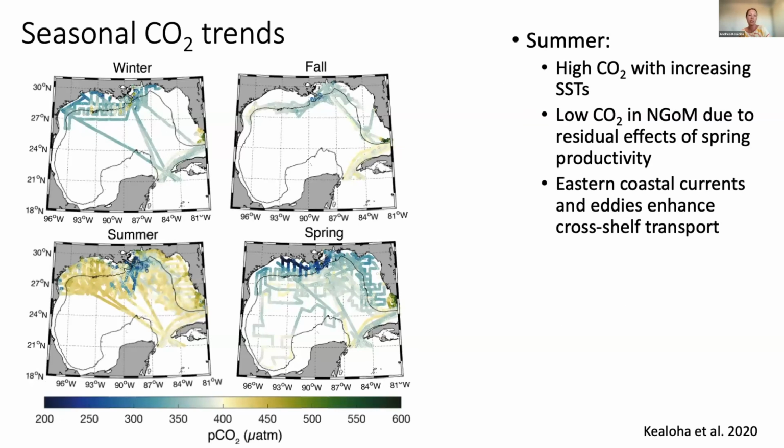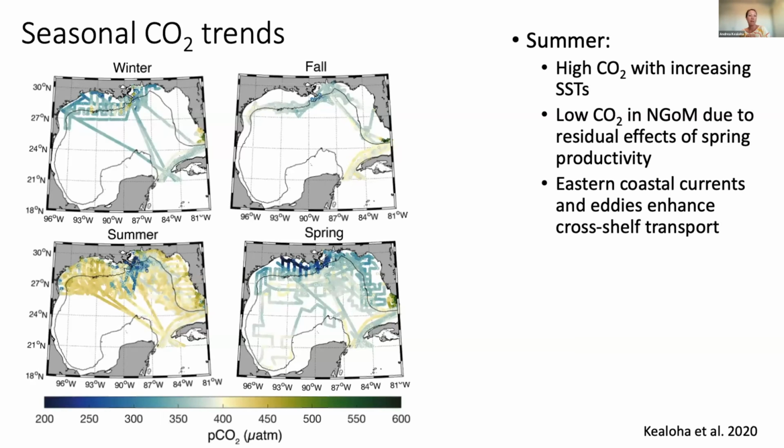And then in the summertime, CO2 increases with temperature. We still continue to see a lot of biological productivity occurring near the river mouths. And what's kind of interesting and unique about the Gulf of Mexico is that western flowing current actually switches east and offshore during the summer.